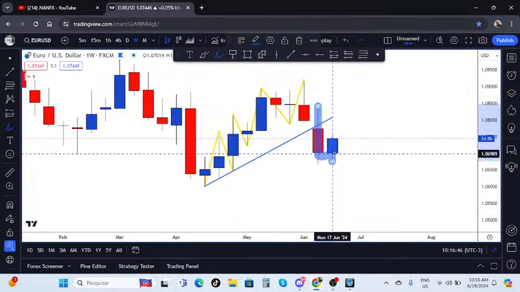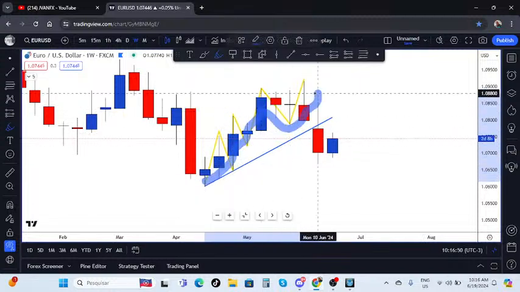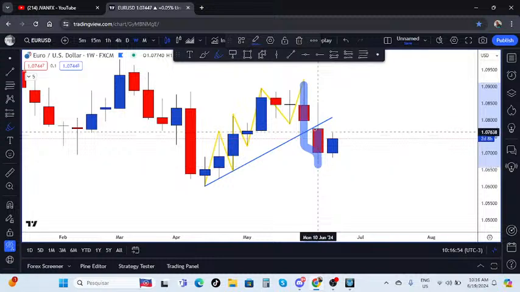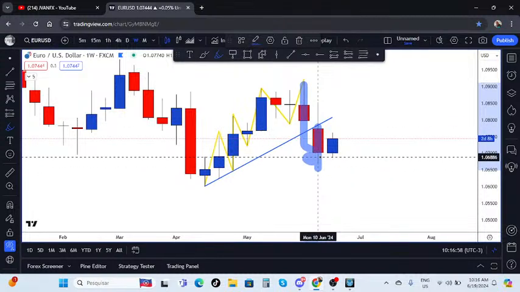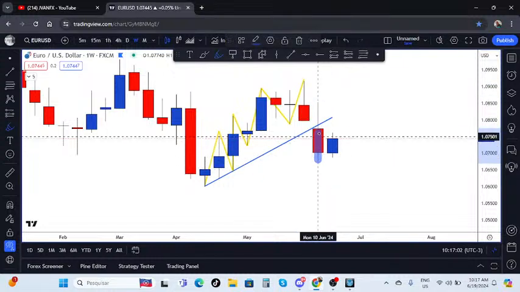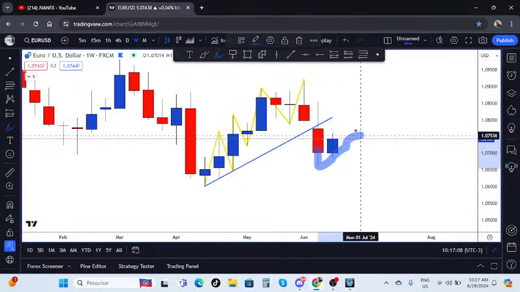Why? Because the short-term trend that was up previously is no longer up. The market has made a low, so the current trend is down. So if the short-term trend has now changed from up to down, what would be the short-term view? The short-term view is not going to be that the market is going to fall. The short-term view is going to be that the market is going to buy.